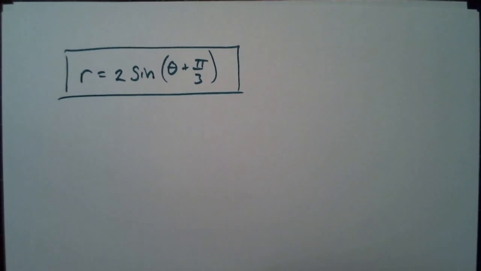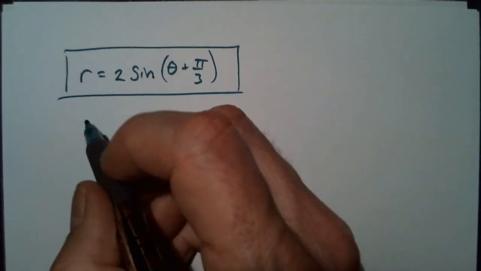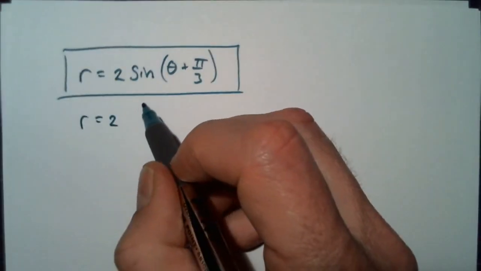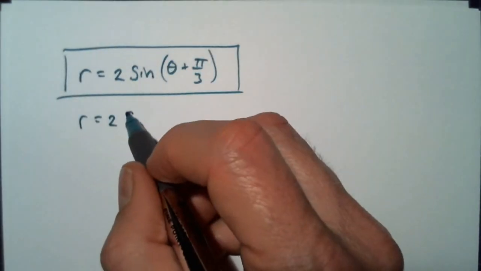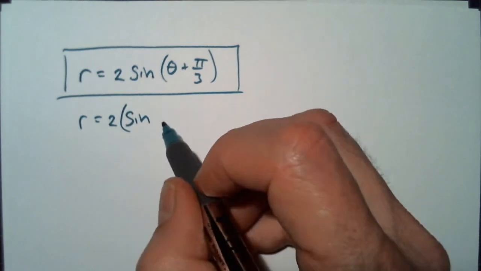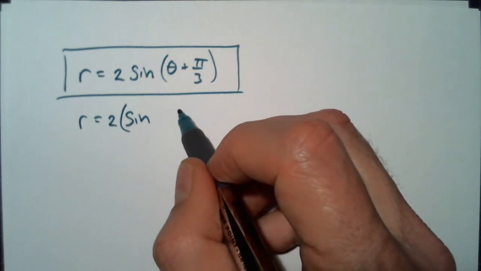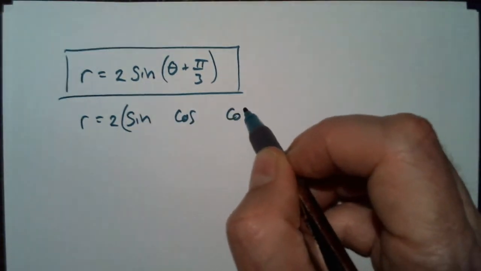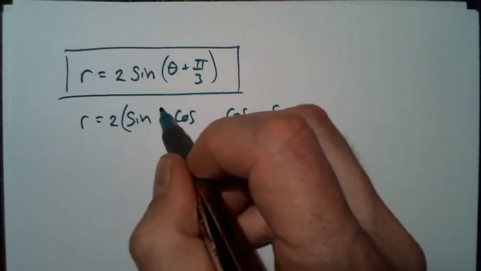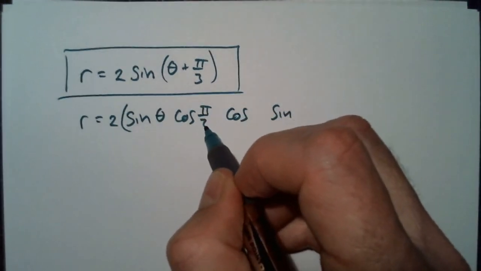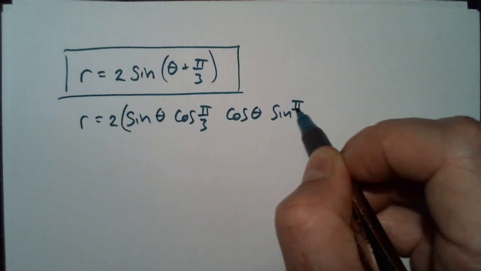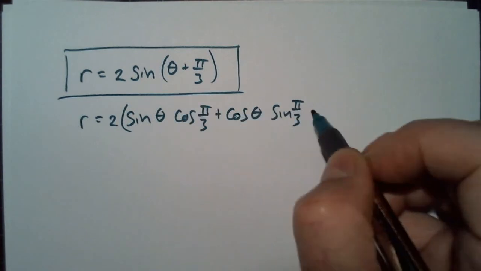All right, convert that to rectangular form. Pause the video. So now we need to use the sum formula for sine. Sine, cosine, cosine, sine. And we have the same operation.